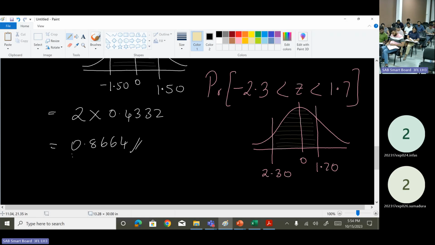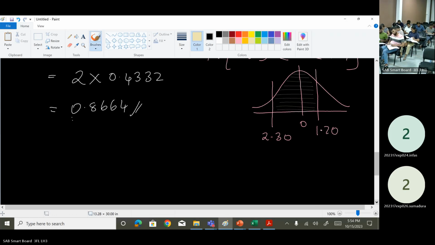So now we can't do the calculation like previous because the areas are different. Either 1.7 you refer separately, 2.3 you refer separately, add the two and you are done. 1.7 you refer, 2.3 you refer.